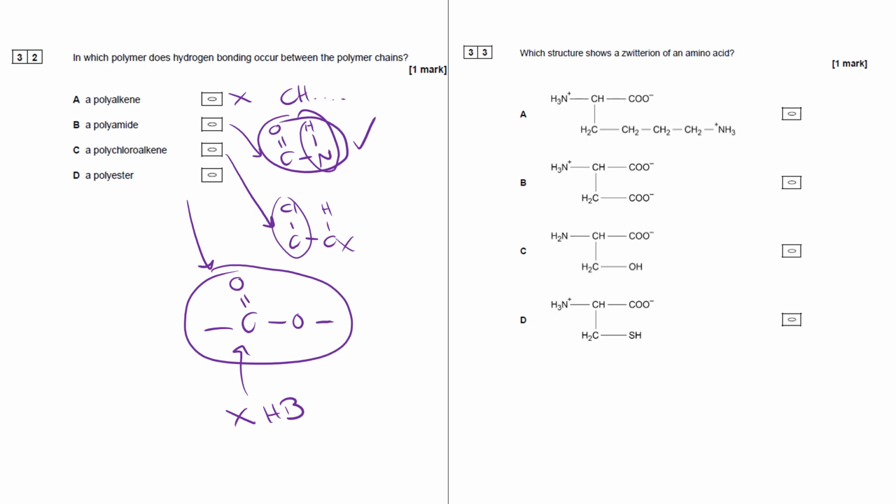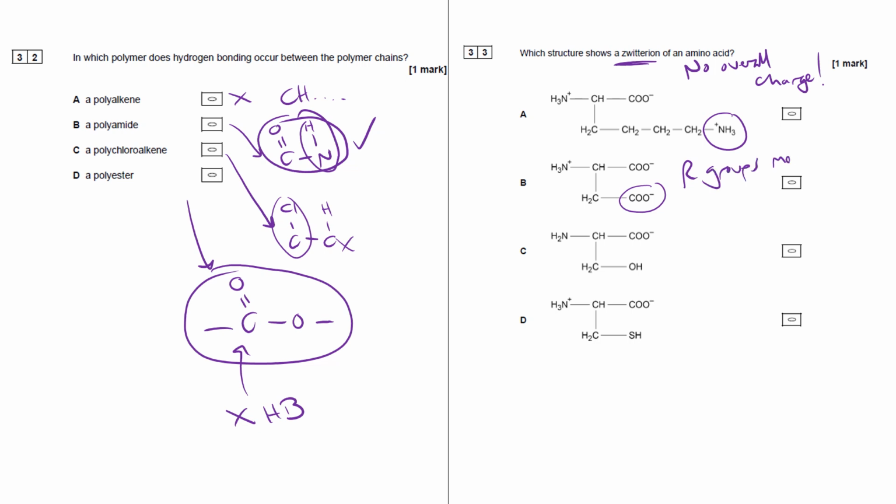Question 33. Which structure shows a Zwitter ion of an amino acid? So a Zwitter ion has no overall charge. That's the important part of this question, because it's got a positive group and a negative group. So it cannot be B or A because the R groups also have a charge.